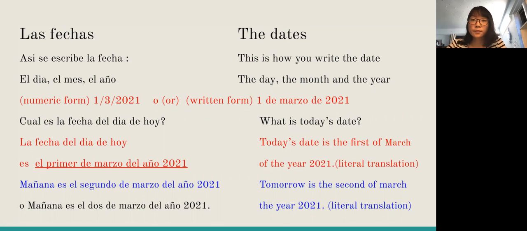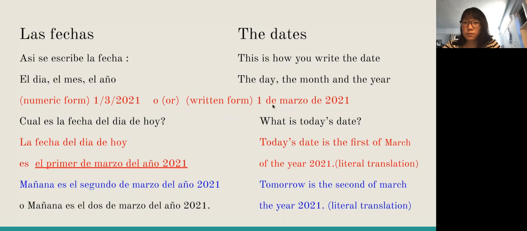Primero, first, we write el día, el mes y el año, ¿verdad? Right? Okay, so this is how you would write in numeric form. So since Monday's date was the 1st of March, 2021, this is how you would write it in numeric form. The 1 for the day, the 3 for the month, which is March, and the year 2021, right?